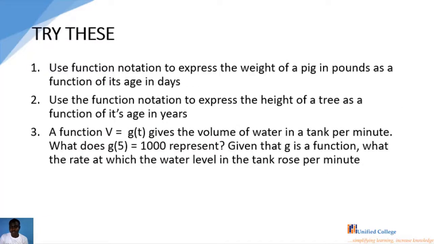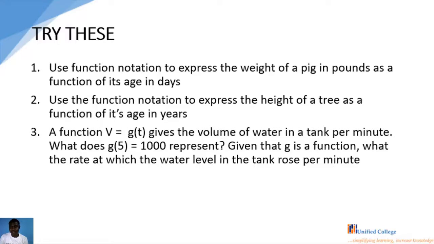For instance, the question says use the function notation to express the weight of a pig in pounds as a function of its age in days. These are very simple questions. Question 2 says use the function notation to express the height of a tree as a function of its age in years. This also is a very simple question that you can use to practice.